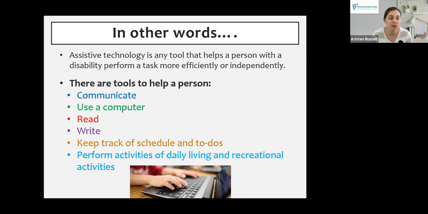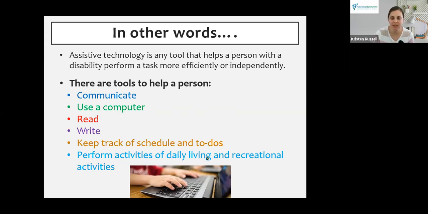There's lots and lots of tools for more executive functioning type tasks, which I know came up a little bit in the last presentation. So also technology for reminders and schedules and to-do lists and staying on task and focusing, and all of those things that lots of us have some difficulty with. And then there are, of course, assistive technology tools for activities of daily living, like dressing, bathing, eating, and recreational activities.